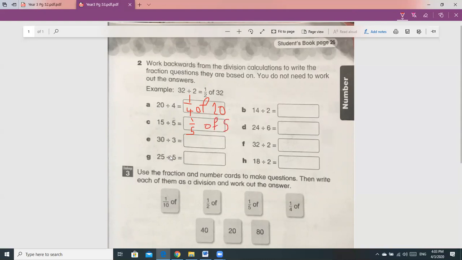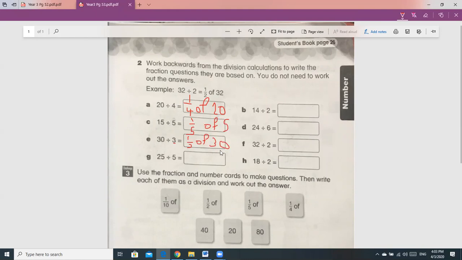Okay, 30 divided by 3, the 3 is going to be what? The denominator, the down, and up, sure, it will be up. A third of 30. Because if I want to divide this 30 into 3 groups, it's the same as a third of 30.